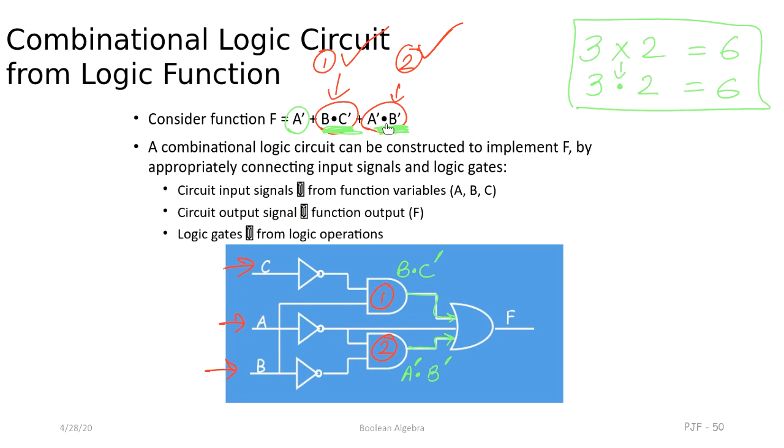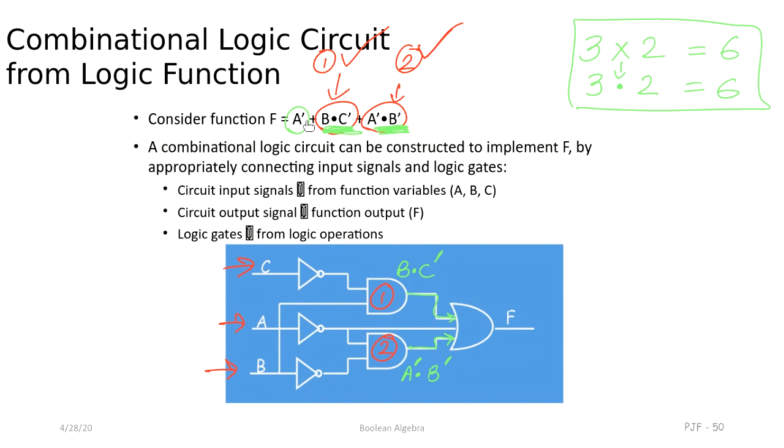All right, I hope it is clear. So these two AND gates are giving outputs like this: B dot C inverse, and the second AND gate is giving A inverse dot B inverse, and both are going into this OR gate. But there is a third input also coming from here. What is that? That is A through a NOT gate, which means A inverse is coming from here.